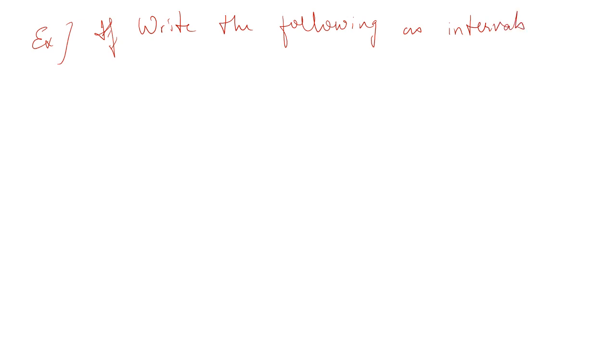First one is x such that x belongs to R, x is greater than minus 4 and less than or equal to 6. I have explained how to write in interval form. Now see here, it is only greater than. Whenever you get a sign greater than or less than, you always take an open small bracket.